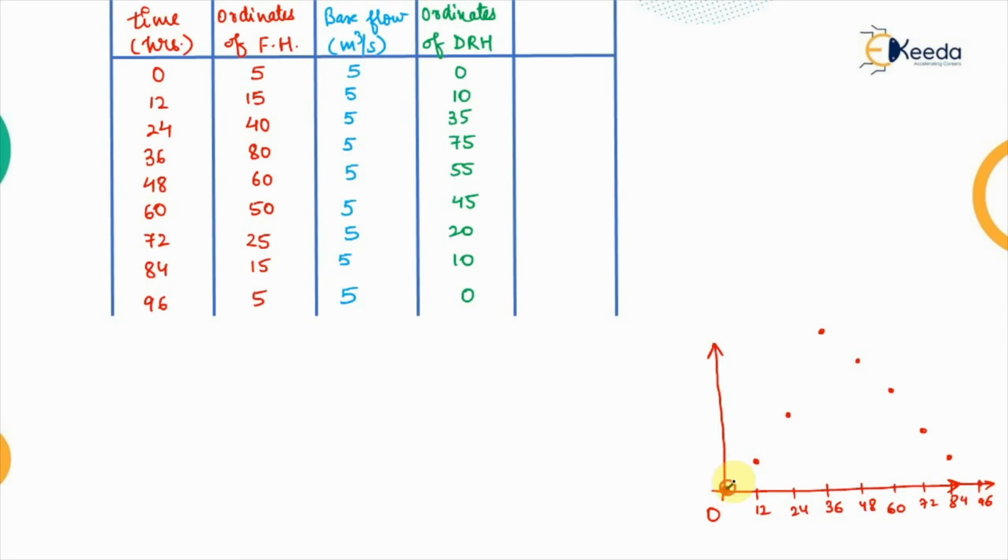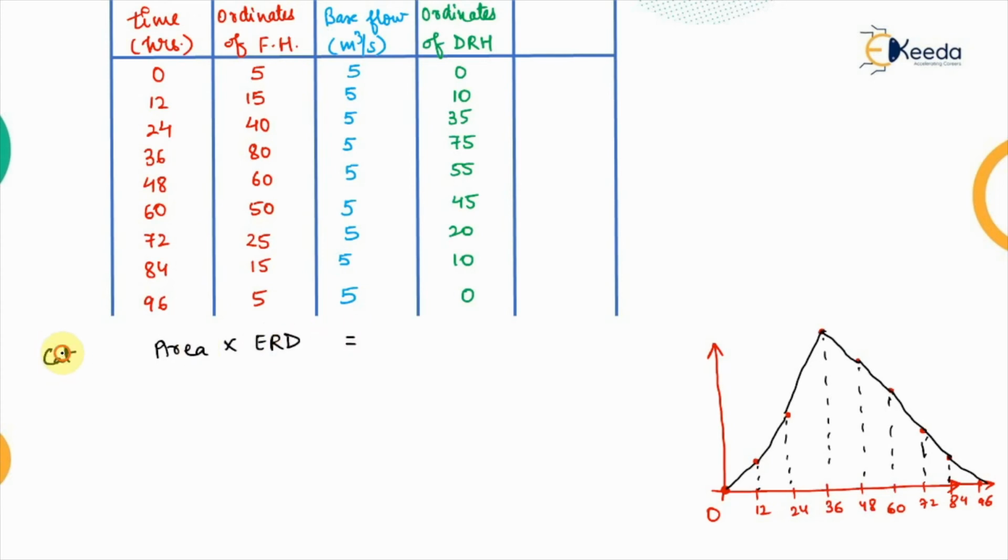Connecting these points by straight lines so that we get regular geometry, this will be the curve that we will be getting. Now each segment has to be divided into triangular and trapezoidal portions so that we can carry out easier calculations.